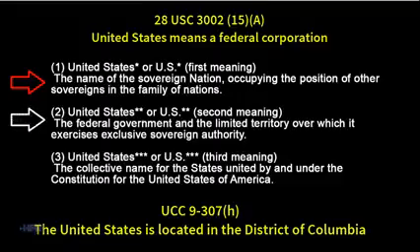The second sense is the one that we talk about mostly when we are referencing the United States as a corporation, or the power that it exercises under Article 1, Section 8, Clause 17. They make references to the United States, the federal government, and the limited territory over which it exercises exclusive sovereign authority, or what they call legislative authority. Okay, what they own, and they usually label it.